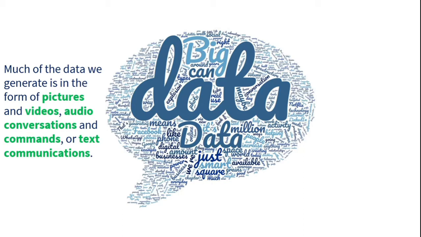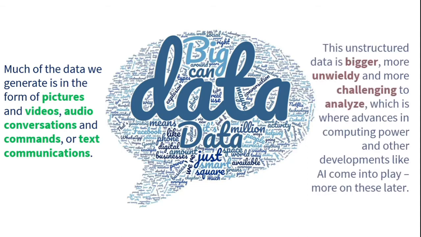Then we also have audio conversations, when you open up your messenger and call somebody, or go into a Zoom or Google Meet meeting. Then we have commands that we issue with our phones and computers, and SMS communications. These are the volume of data that floats around.